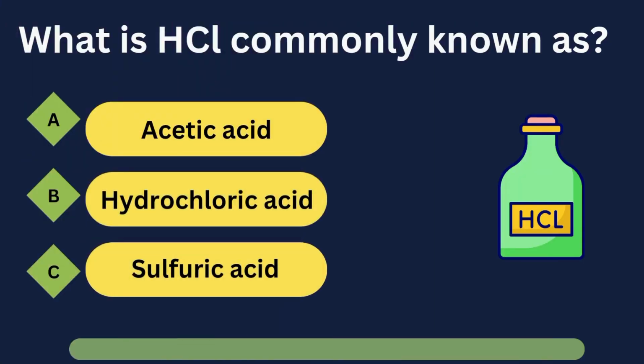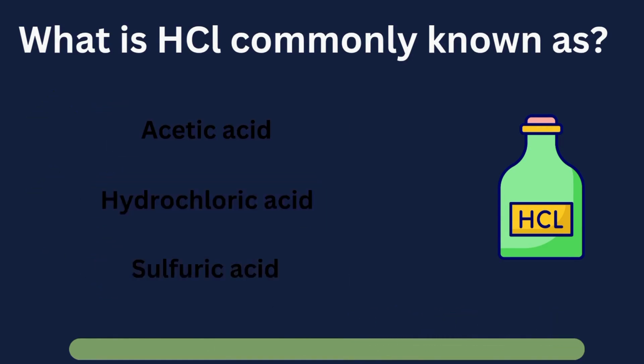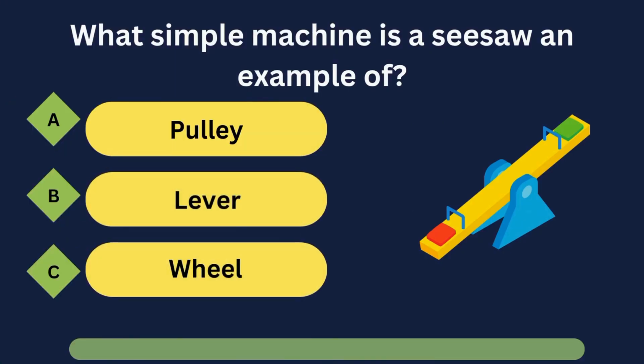What is HCl commonly known as? Acetic acid, hydrochloric acid, sulfuric acid. What simple machine is a seesaw an example of? Pulley, lever, wheel.